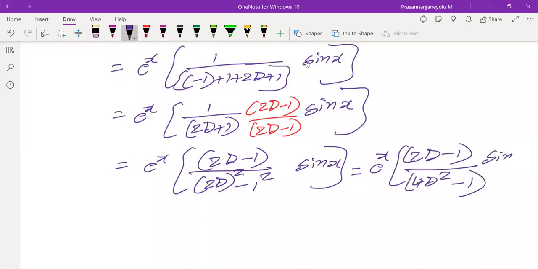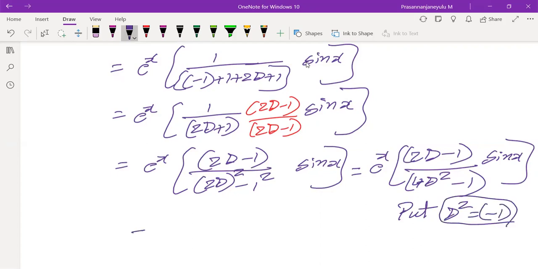But according to type 2, we put d square equals minus a square, where a is 1, so d square equals minus 1. Then we get e power x into 1 by 4 into minus 1 is minus 4, minus 1 is minus 5 finally, of 2d minus 1 into sin x.